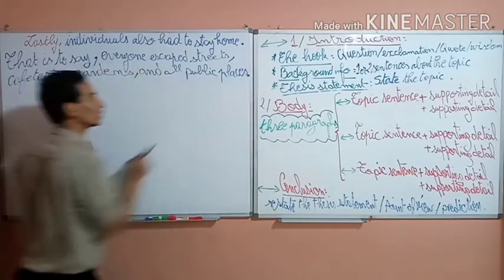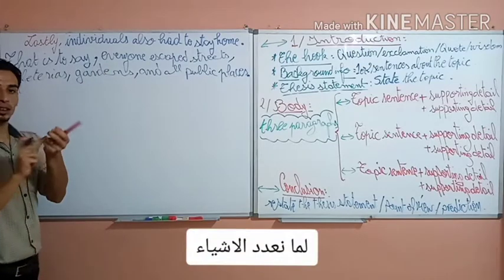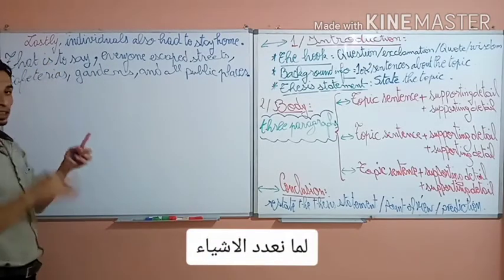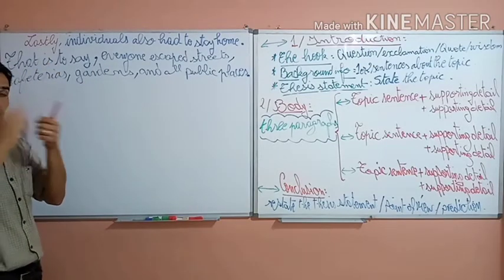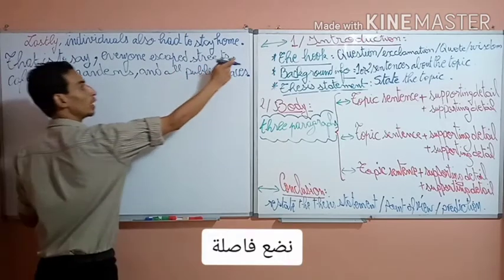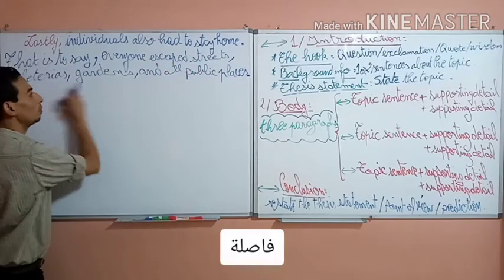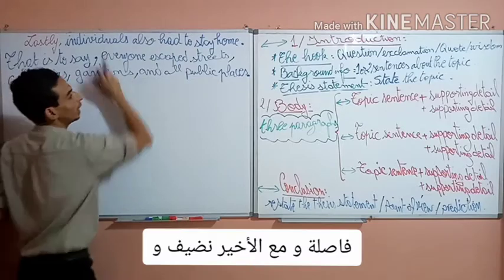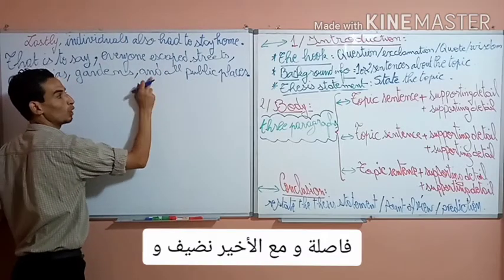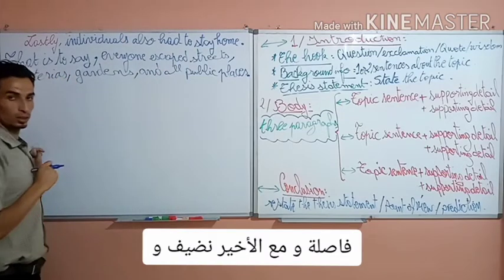Full stop. When we number things 1, 2, 3, 4, we need to put comma, comma, comma, and at the last one we say and.